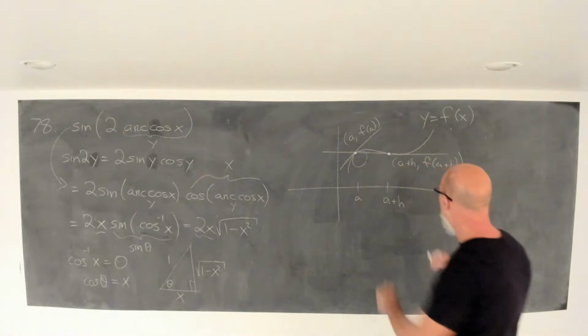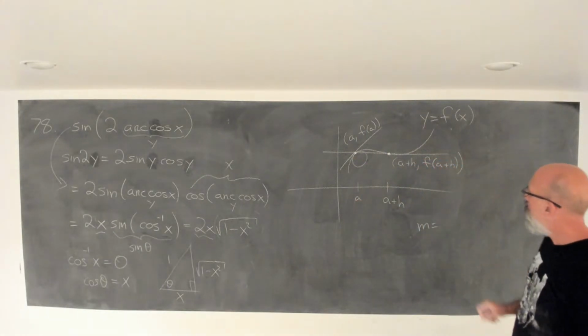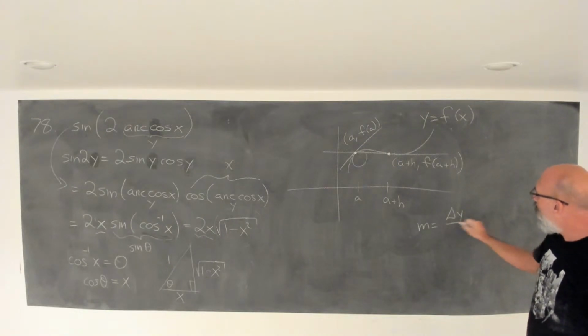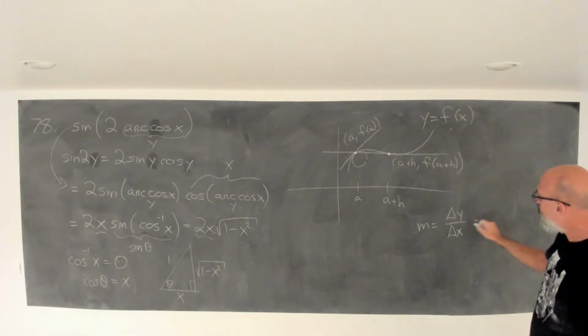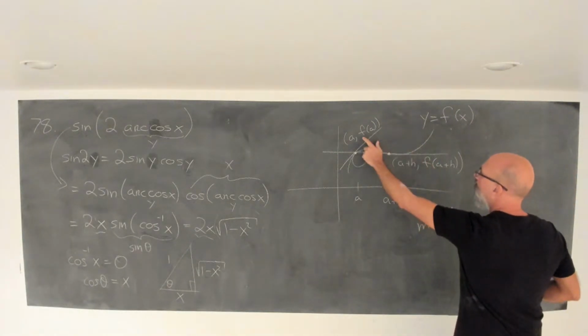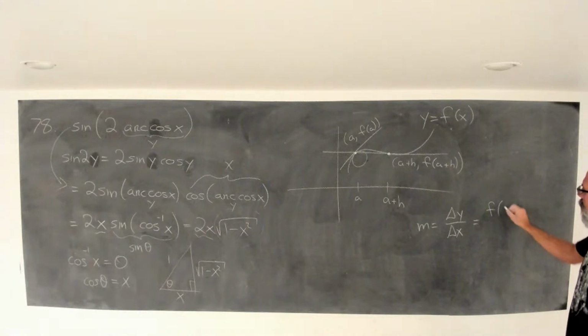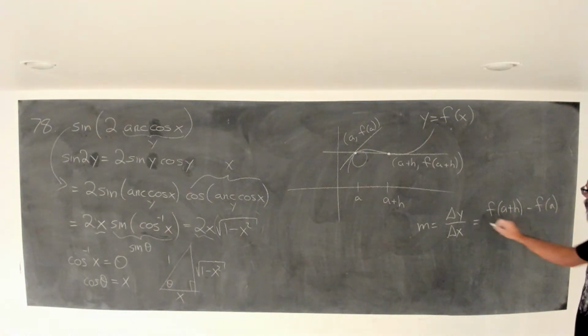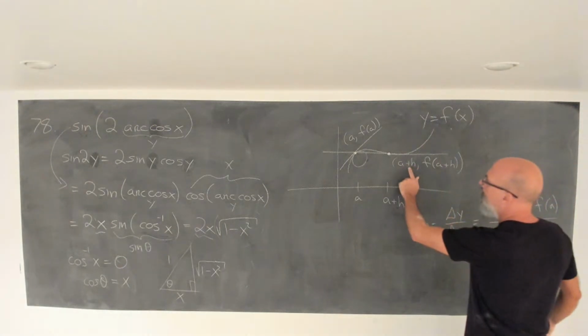Well, what is the slope? You know the slope is the change in y divided by the change in x. How does the y vary? Well, it's f of a plus h minus f of a. And what about the change in x?